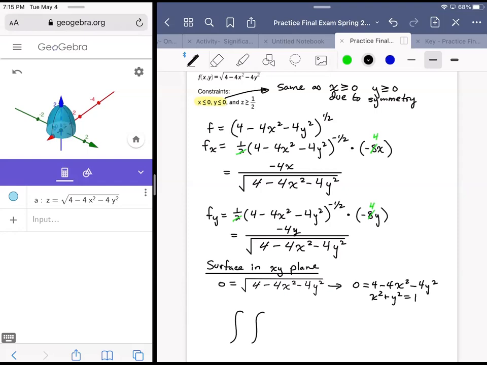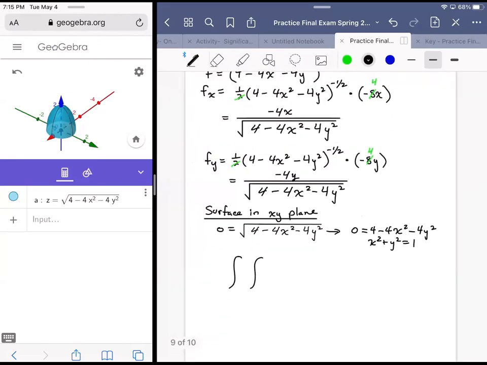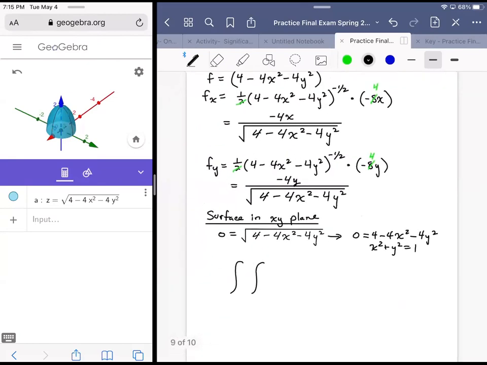Now, if I want to continue working in rectangular coordinates, bearing in mind that I'm just on the hook for writing the integral or iterated integral. I'm not on the hook for actually evaluating it. Right? Write an iterated integral. So I can live with rectangular coordinates if I want.